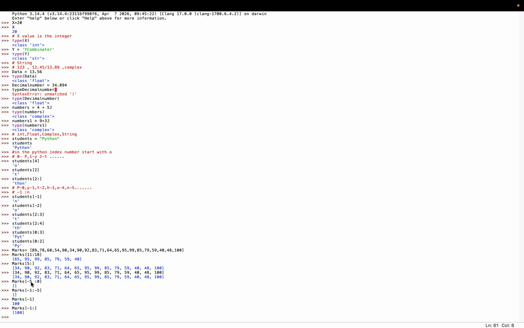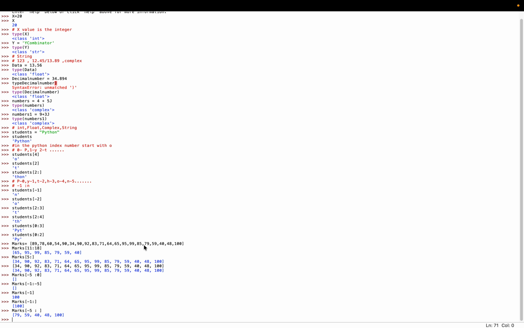The same way, if I write minus 5 and instead put continuously, and close the square bracket, this time I am getting the numbers 79, 59, 40, 48, 100. But this time I haven't used positive numbers. I have used negative numbers, because this is negative indexing.